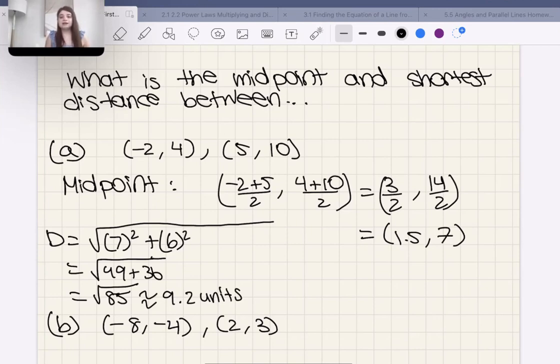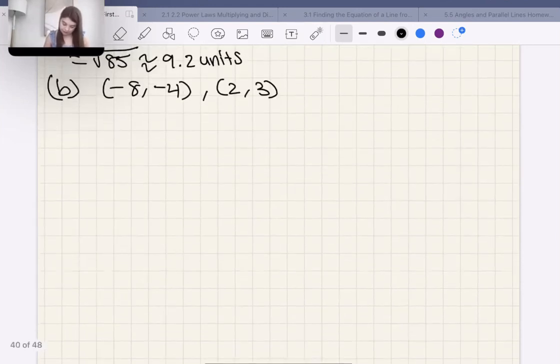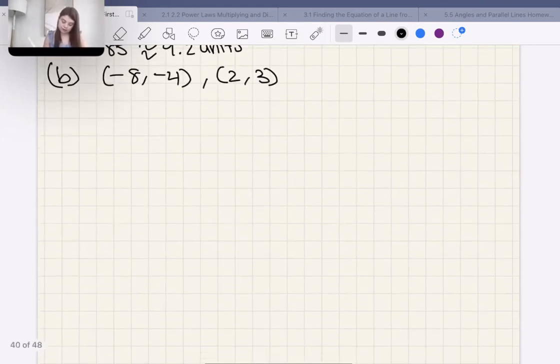All right, let's do one more example, and then I think that will be good for this day. Let's find the midpoint of these two.